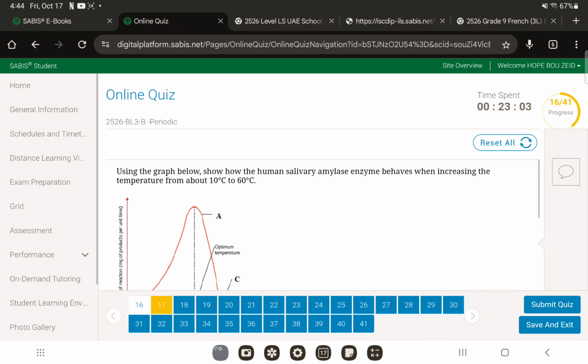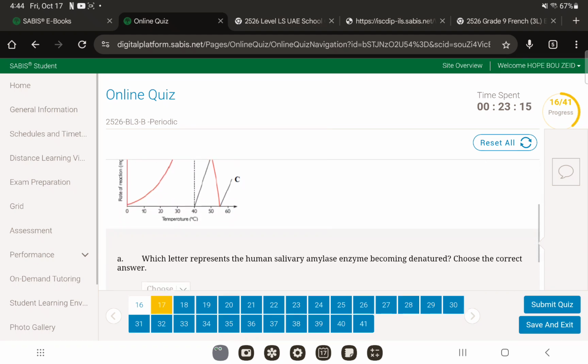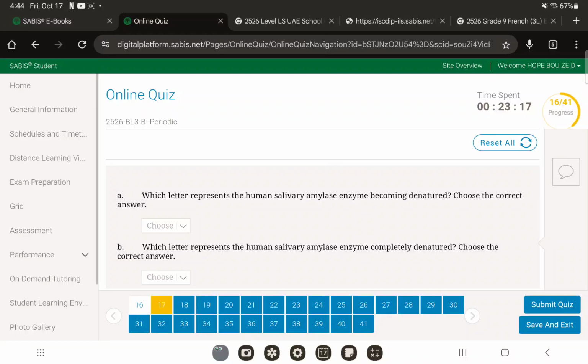Either way, using the graph below, show how the human salivary amylase enzyme behaves when increasing the temperature from about 10 degrees Celsius to 60 degrees Celsius. Which letter represents the human salivary amylase enzyme becoming denatured, and which letter represents the enzyme completely denatured?